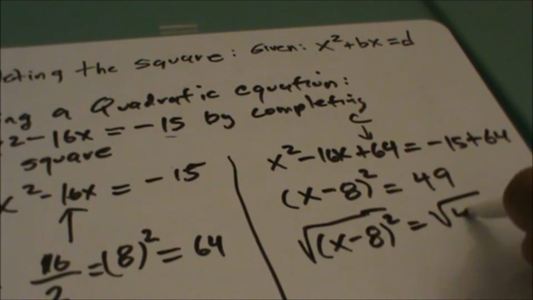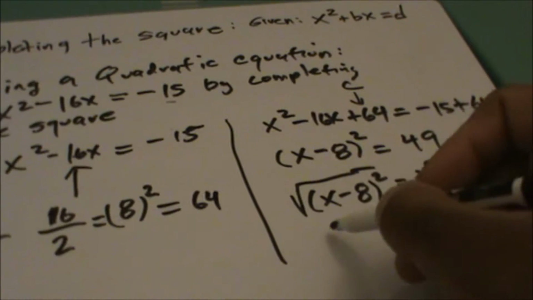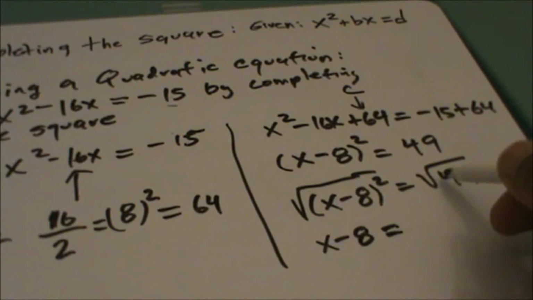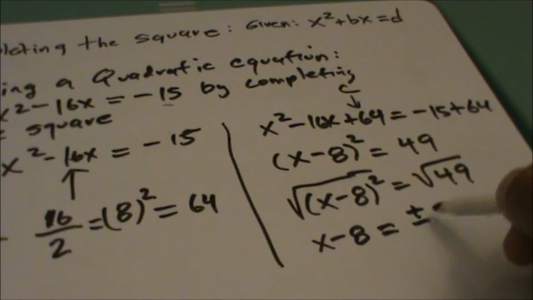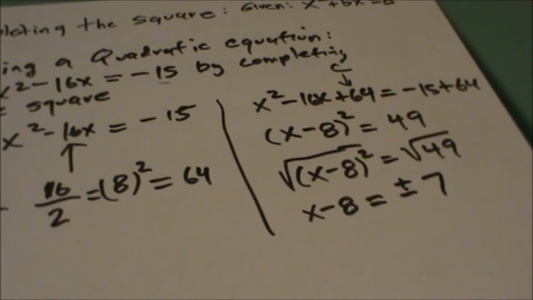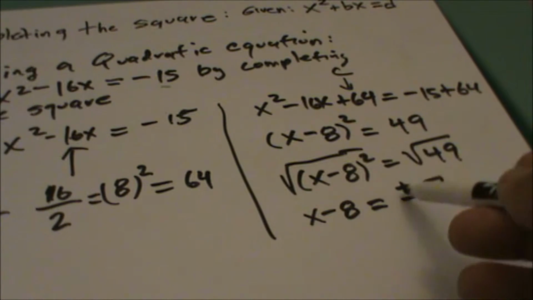Square root the 49. So this comes out as x minus 8 equals the square root of 49, plus and minus 7. That's brilliant right there. So we have an equation that shows two possible real solutions, a plus and a minus.